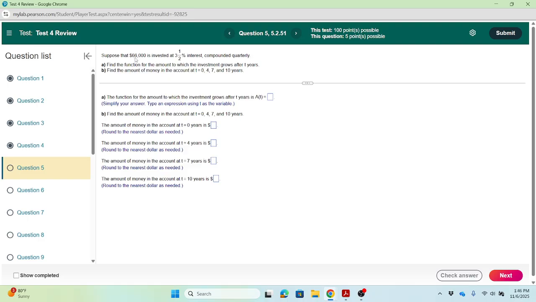Suppose that $66,000 is invested at 3.5% interest compounded quarterly. So find the function for the amount to which the investment grows after t years, and find the amount of money in the account at 0, 4, 7, and 10 years.